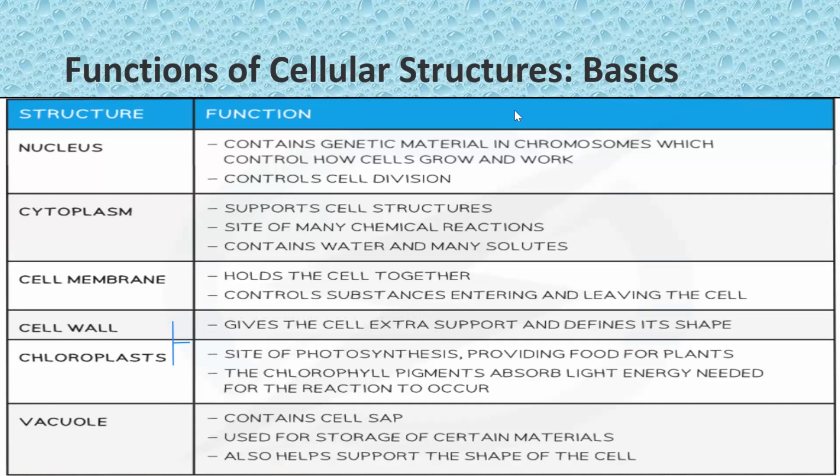Okay, now, very well. It gives the cell extra support and defines its shape. So it gives extra holding, extra support and protection for the cell, and also defines the shape. Like in the plant, it is regular, while in animals or in humans, it is irregular.